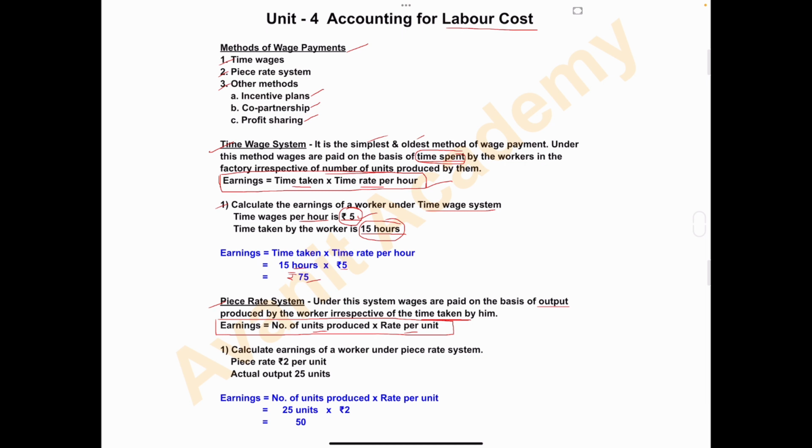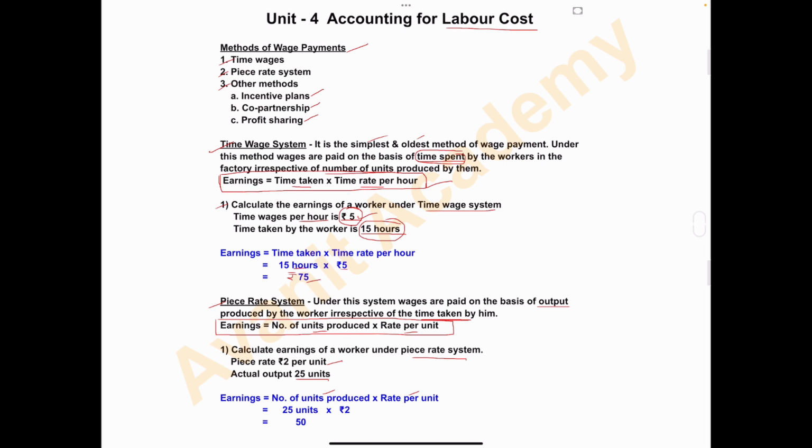Let's see an example. Calculate earnings of a worker under piece rate system. Piece rate rupees 2 per unit. Actual output 25 units. The worker has produced 25 units and the rate per unit is rupees 2. Let's calculate. Earnings is equal to number of units produced into rate per unit.